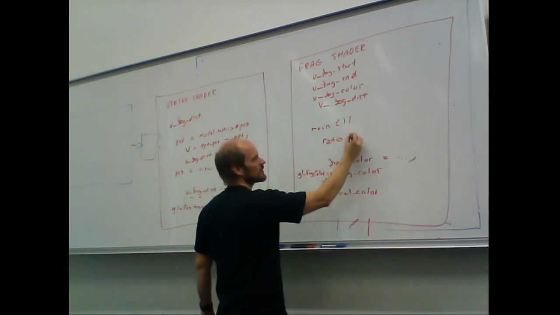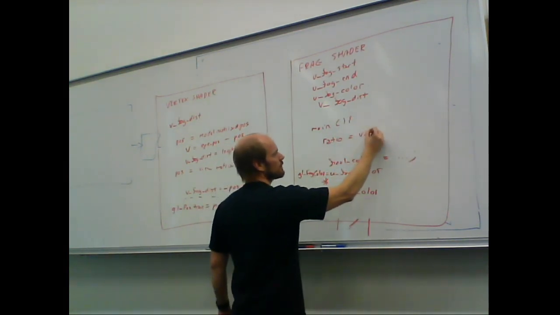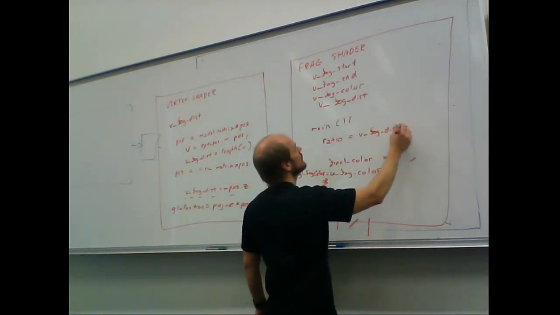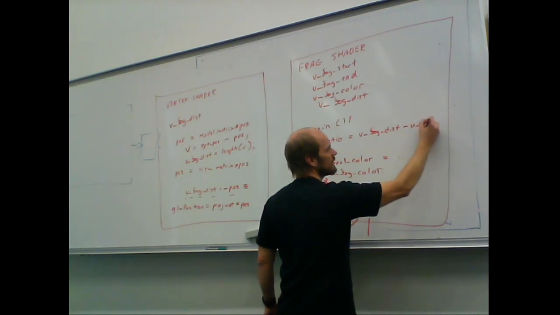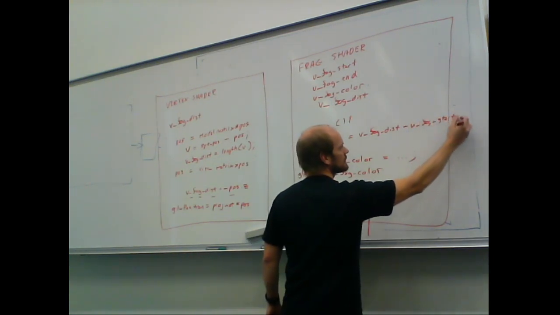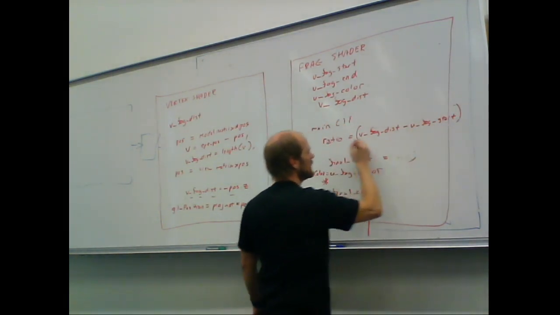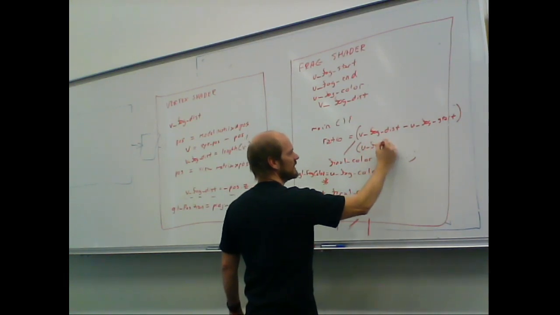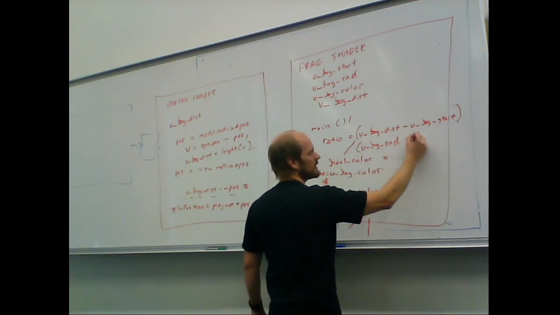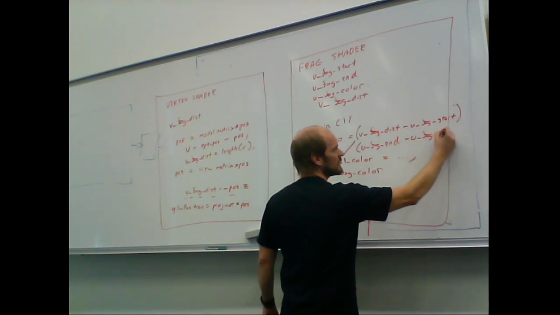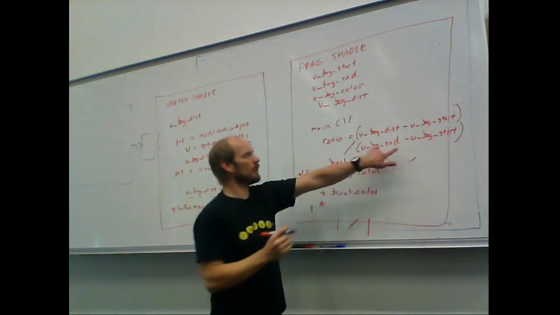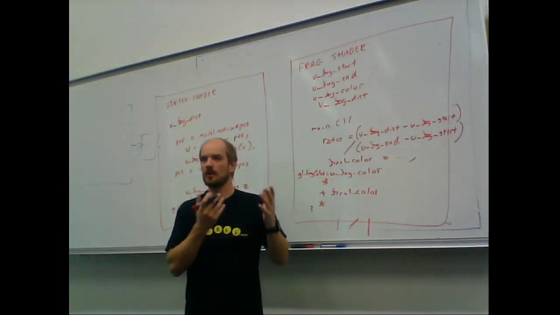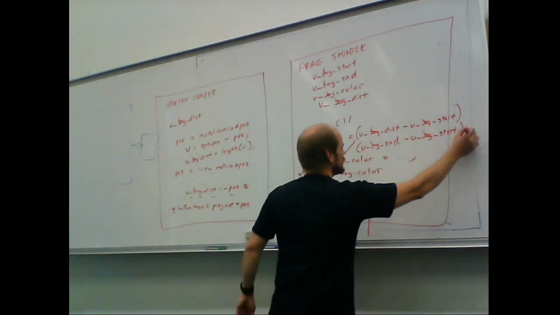My ratio equals v_fog_distance minus u_fog_start, over, this entire thing divided by u_fog_end minus u_fog_start. So end minus start is the whole, fog distance minus start is the part. So this is part divided by the whole, which gives us the ratio. So this is our ratio.